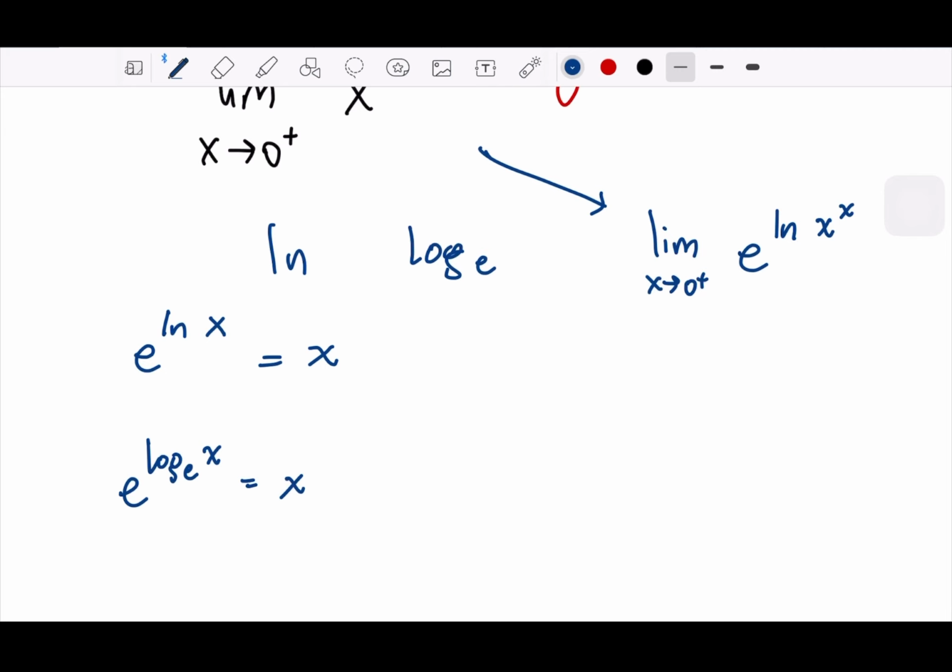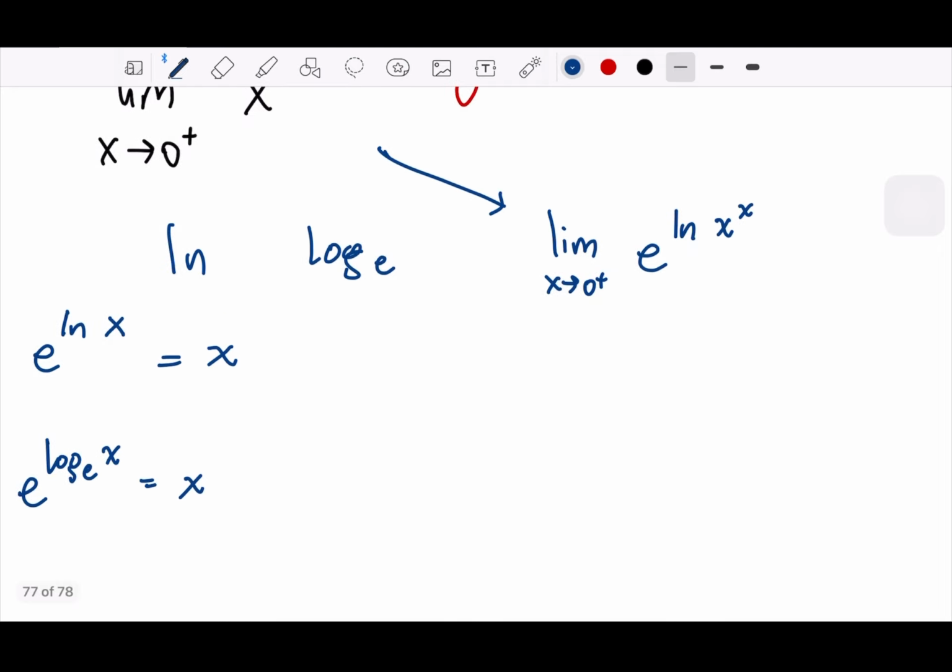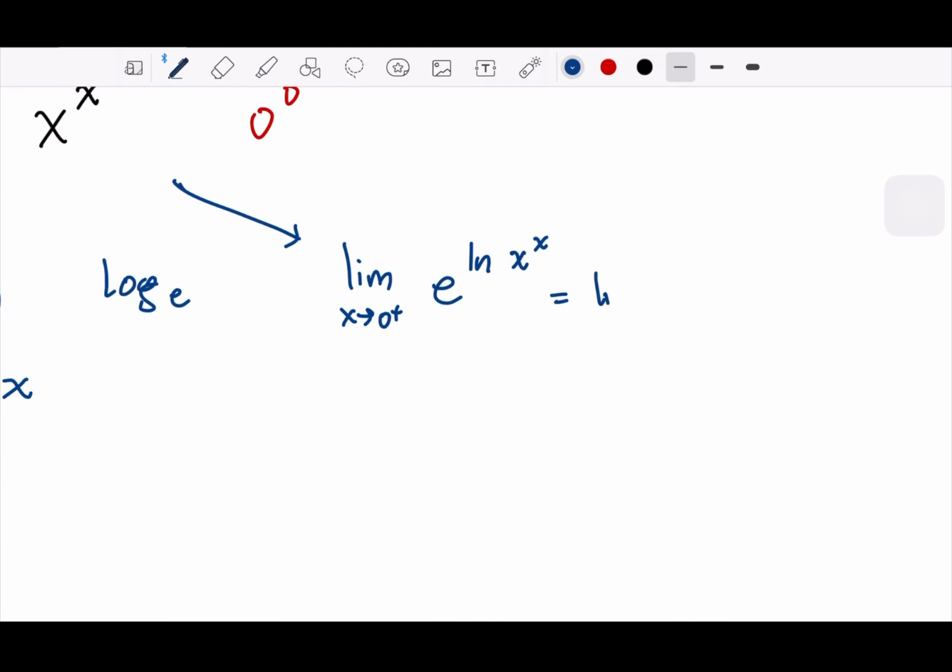Like 3 to the log base 3 of x is going to be the same as e to the ln x, and the same as this x. So when we involve this e with the power of ln and put the function inside the ln, then we can solve further and take down the x, and it becomes x ln x.